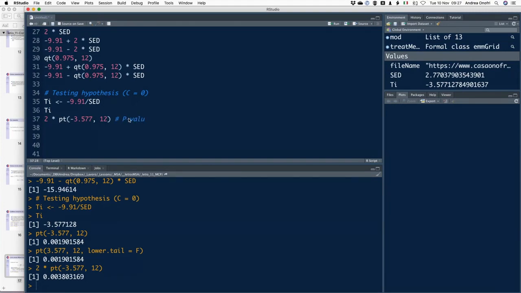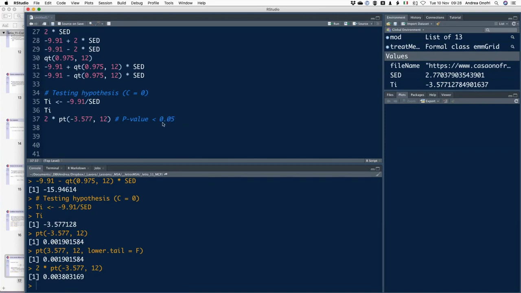The p-value is the probability of observing such a value here or higher in absolute value when the null is true. So what we do, we reject the null because the p-value is lower than the critical threshold of 0.05.